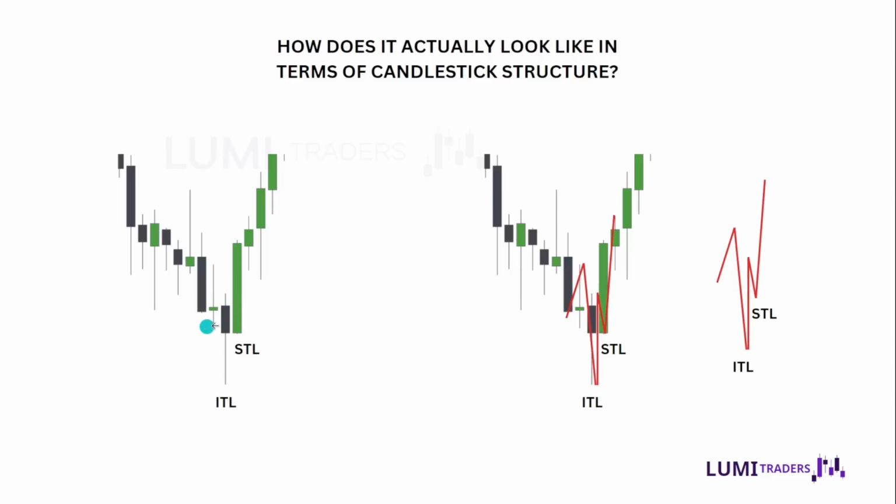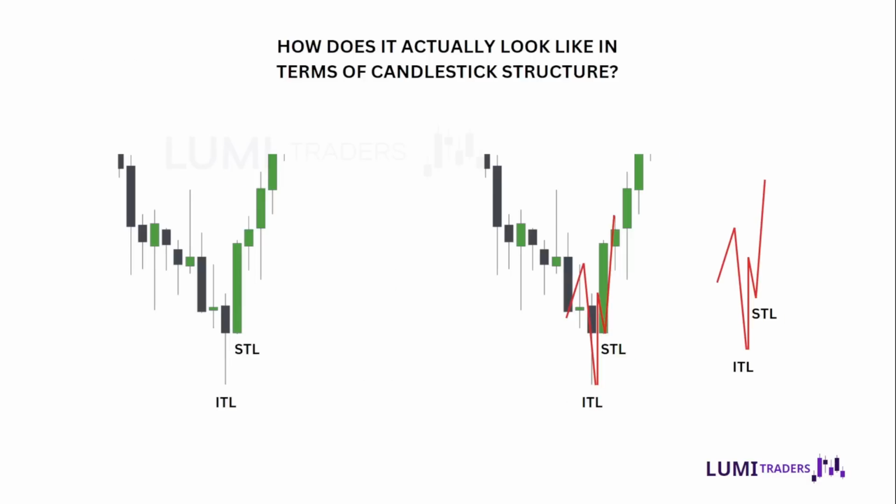So basically, with these red lines, I showed you how these candles actually look if I use just lines. So intermediate-term low, intermediate-term low, short-term low, short-term low. Much more obvious, right? But sometimes it's still tricky to find this short-term low, short-term high.